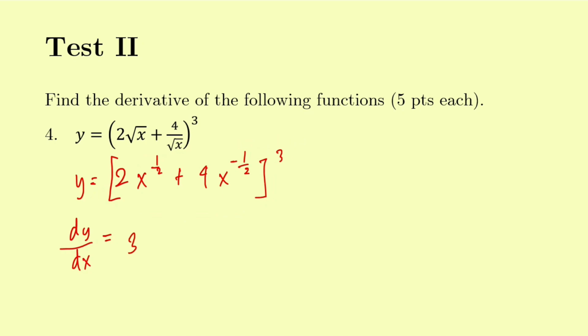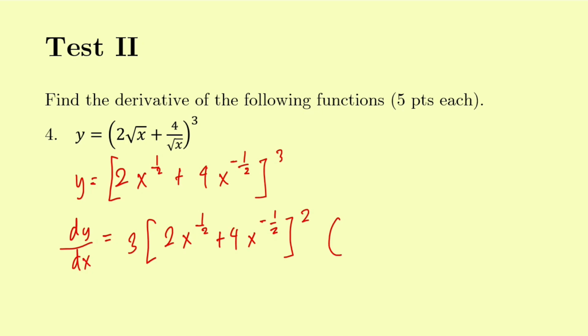That means we end up with 3 times 2x raised to 1/2 plus 4x raised to negative 1/2, raised to 2. And then find the derivative of the inside.